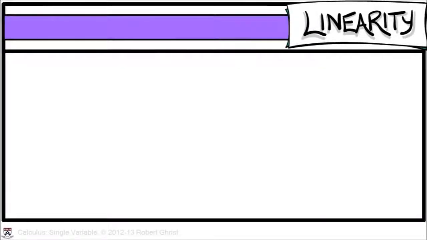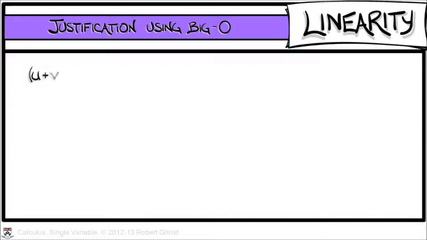These pictures illuminate, but do not really justify, the differentiation rules. To do a better justification, let's use our definition of the derivative as a first-order variation and employ the language of big O. First of all, u plus v evaluated at x plus h means what?